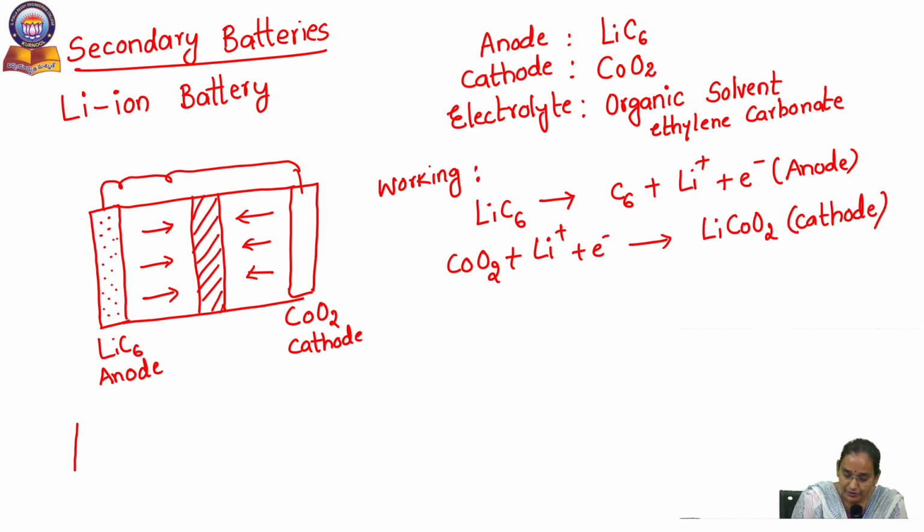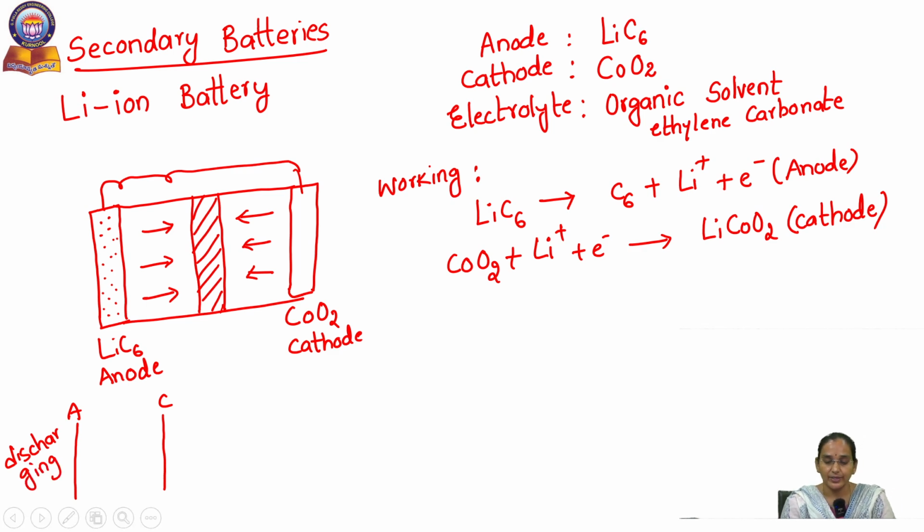So, if we are using energy from the cell, that means discharging, energy is discharging from the cell. What type of changes occur here? Lithium ions and electrons move from anode to cathode.